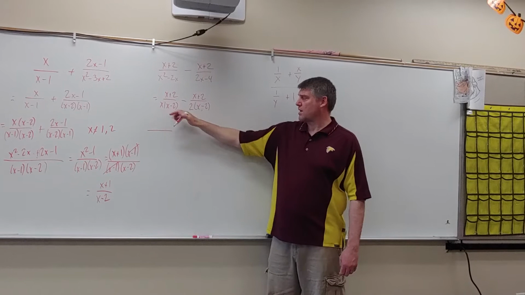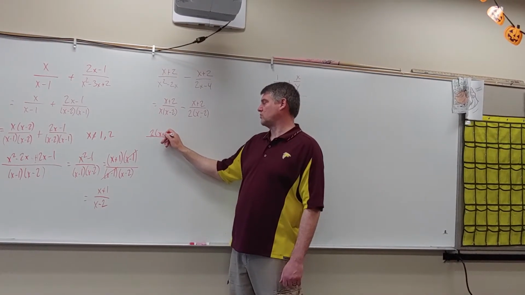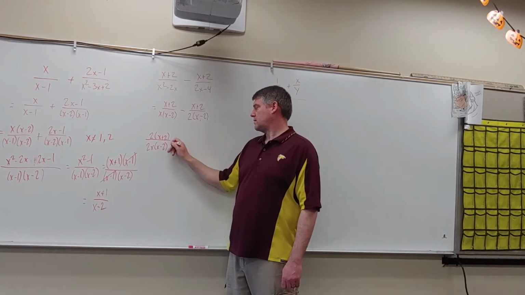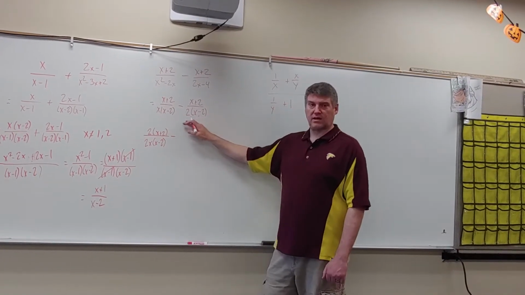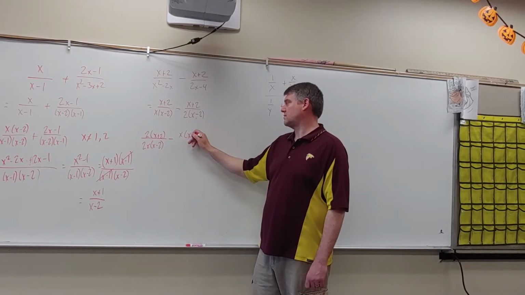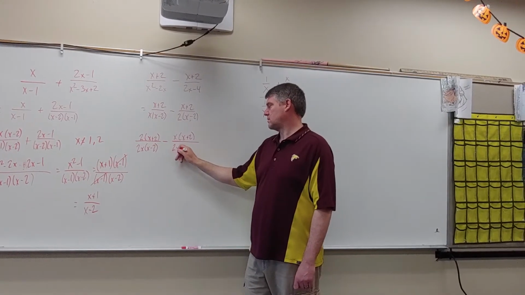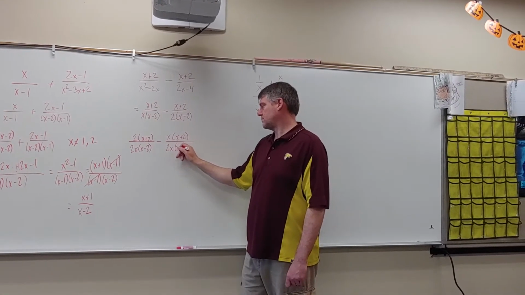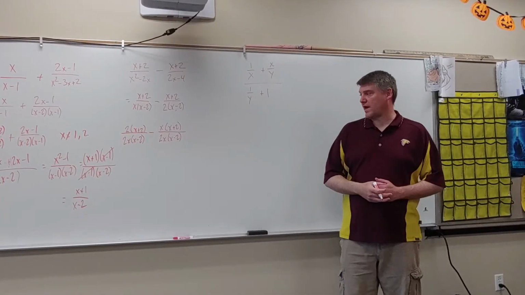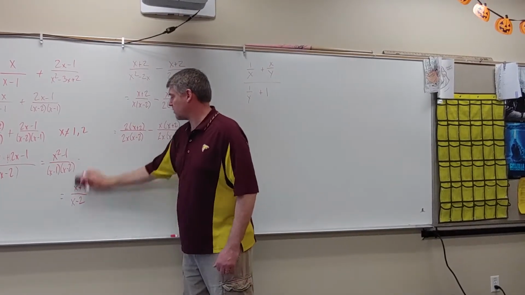Right here, I'm missing a 2, so I'm going to multiply top and bottom by 2. This is missing an x, so I'm going to multiply top and bottom by an x. Okay, and now I'm going to distribute and simplify.